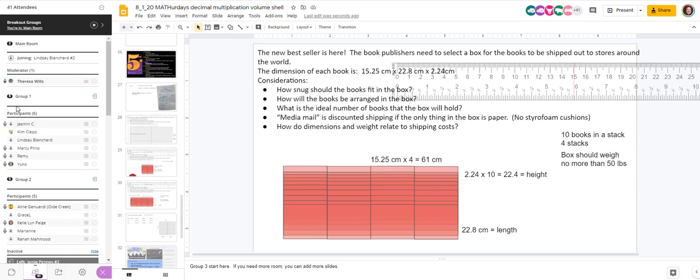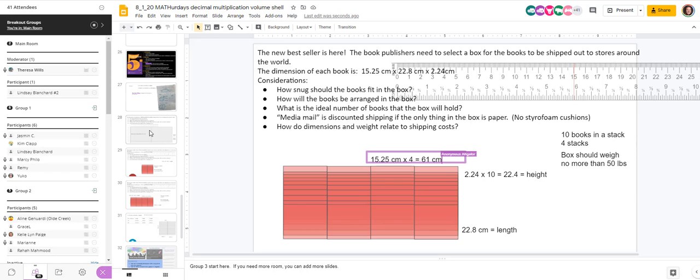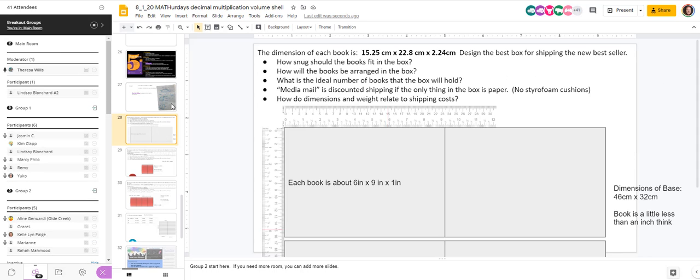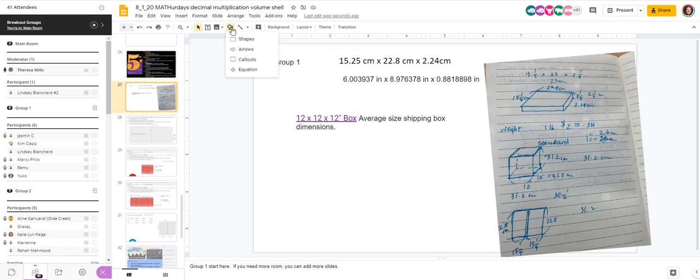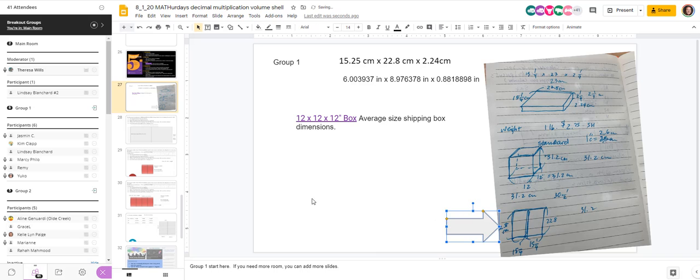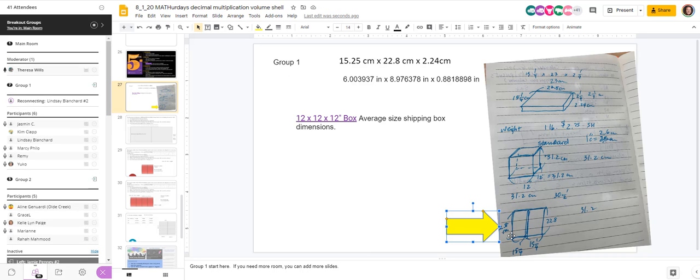All right, at this point, I move myself into the main room so I can have some quiet time to think about the order of what I'm doing. I would like group 1 to show us their double stacking that they have here, because that is the base, and they're going to find volume by taking that base and stretching it in height.